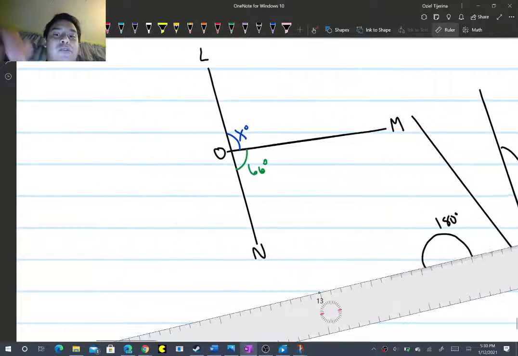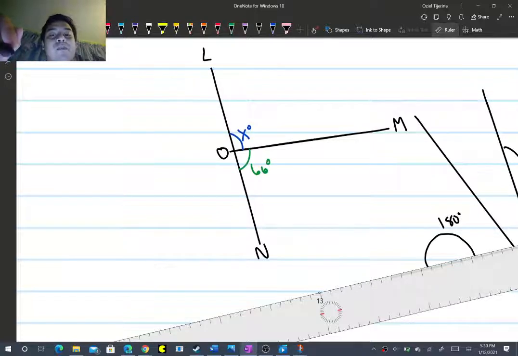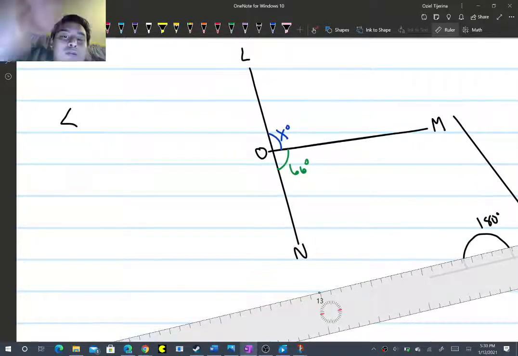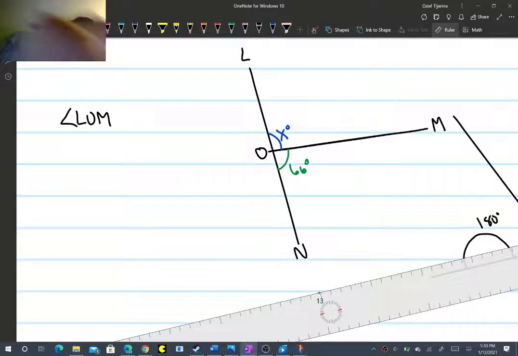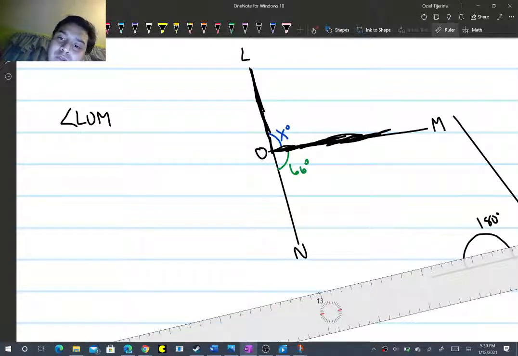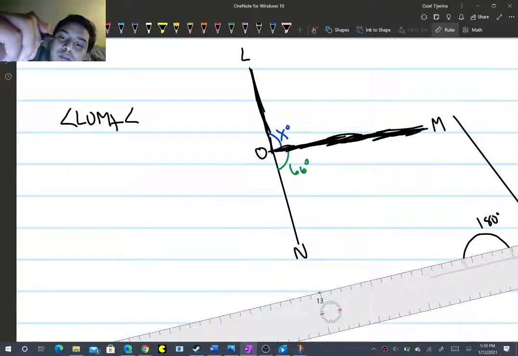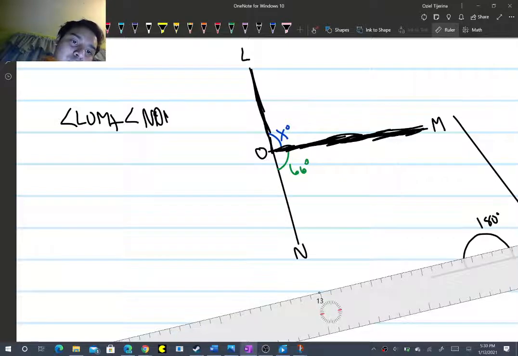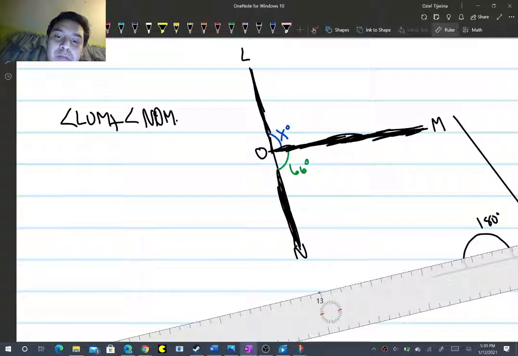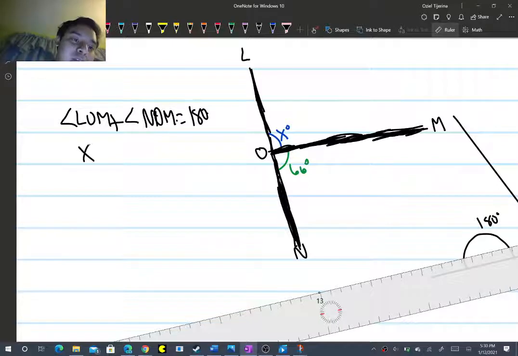So angle LOM, which is this specific angle right here, plus angle NOM, just this one right here, equals 180. Now that means that we have x plus 66 equals 180.